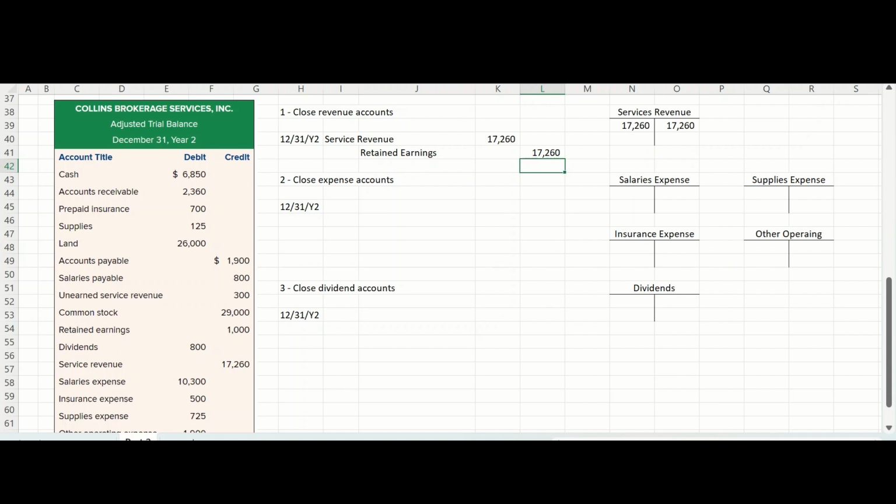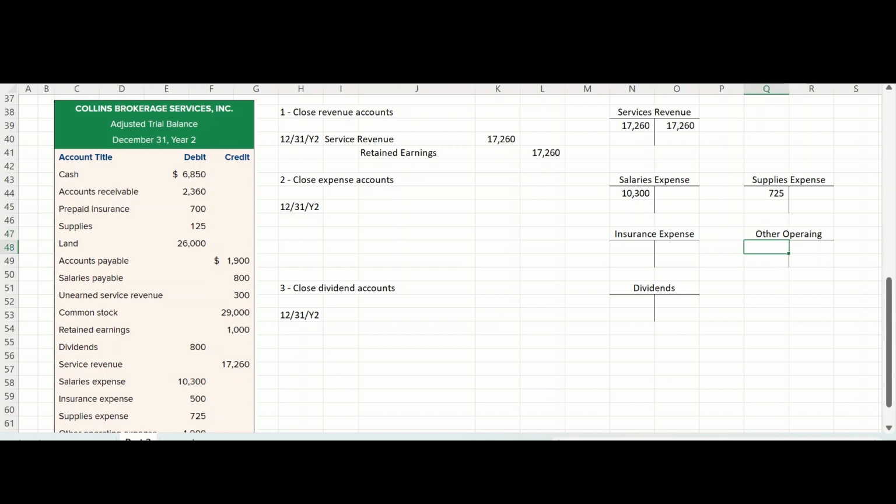Next, we'll close all expense accounts to retained earnings. So we have several expense accounts. We have salaries expense with a debit balance of $10,300. We have supplies expense with a debit balance of $725.